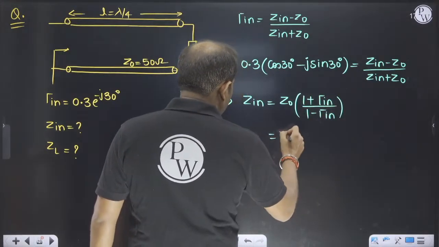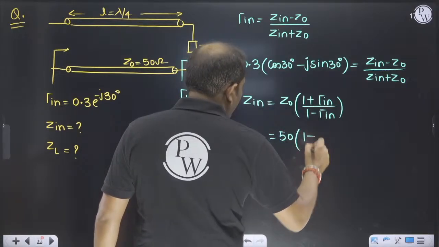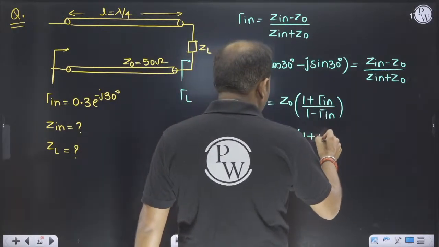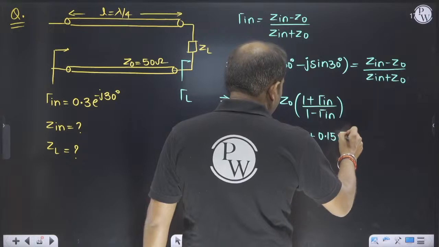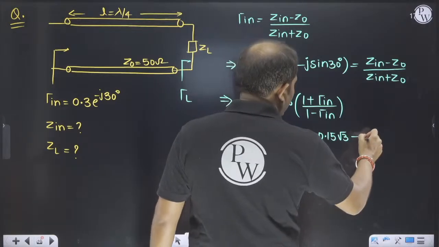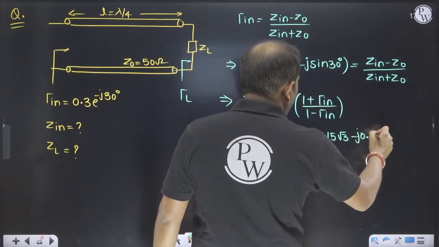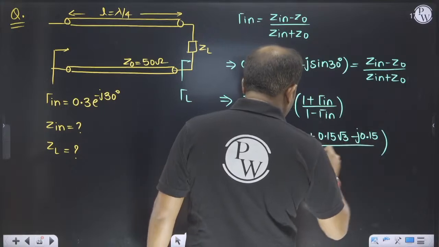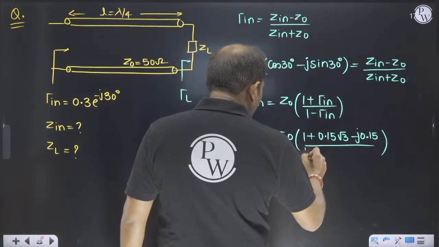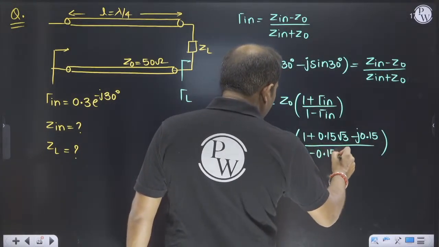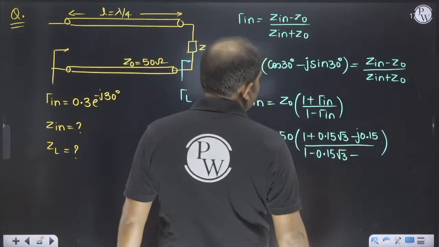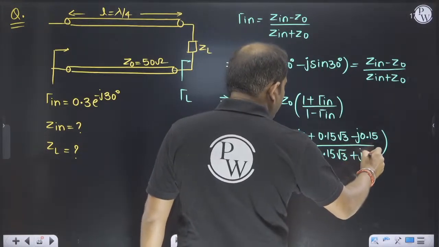Cos 30 degree is 0.15 root 3 and 0.15. You know the value of Z0, 50. You know the value of gamma in: 0.15 root 3 plus j 0.15, divided by 1 minus 0.15 root 3 minus j 0.15.